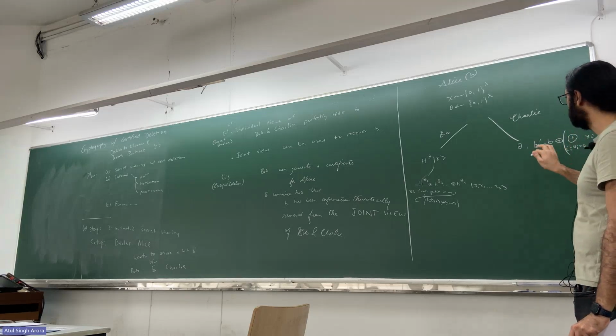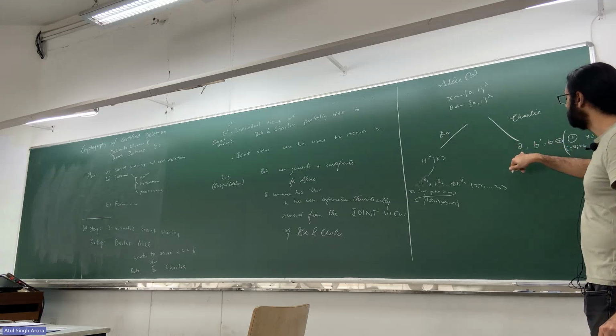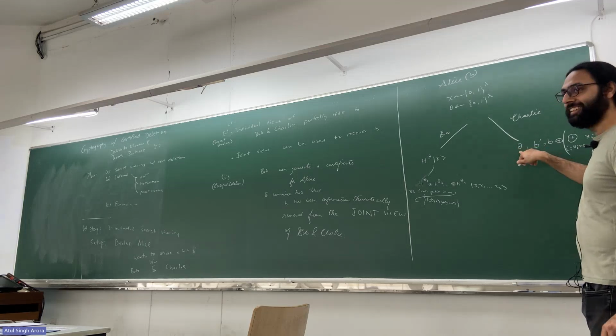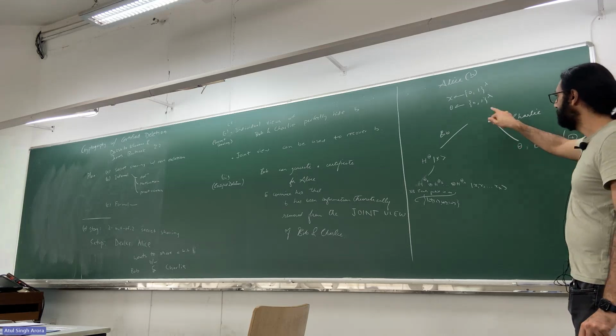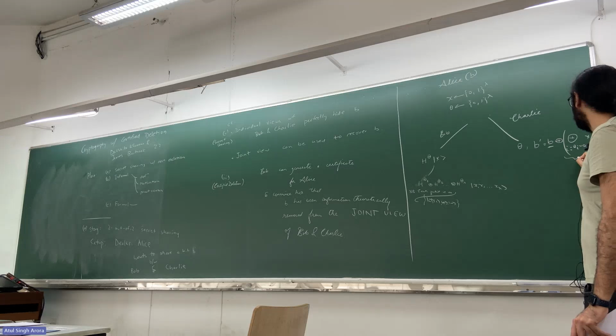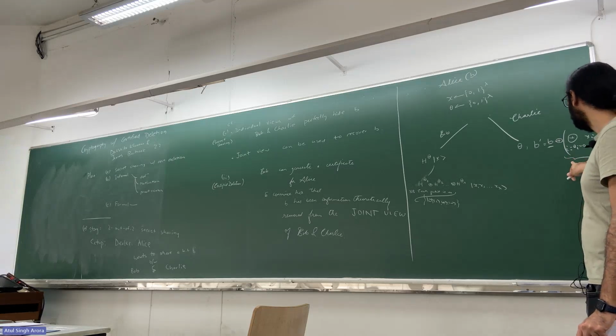So I was going to describe what Charlie's state is. Charlie gets theta, which is the basis, and additionally he gets the bit B masked with some bit. What is this bit?